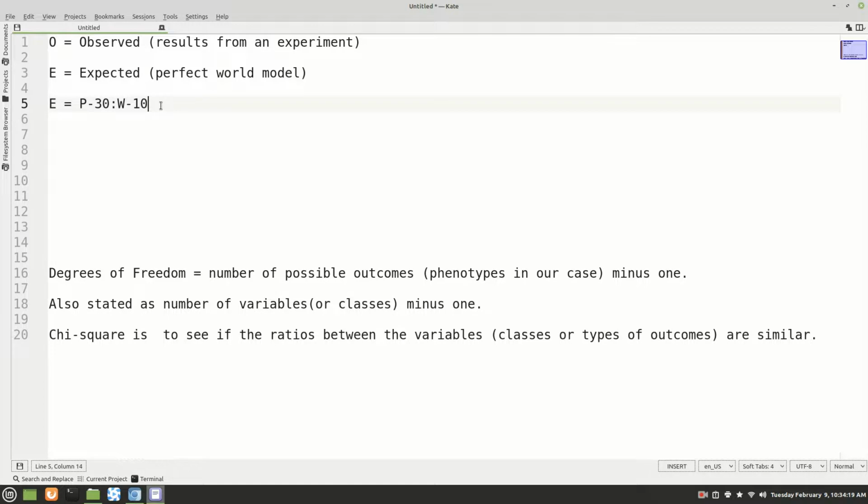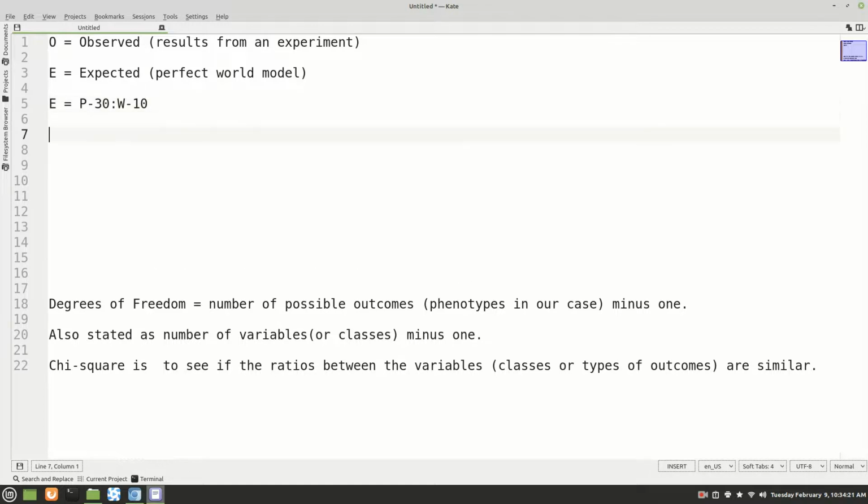But let's say when we actually do our experiment, we don't quite get 30 purple flowers. Let's say we get 31 purple to 9 white flowers. Well, that's not exactly 30 to 10. That's not exactly a 3 to 1. But it is pretty close.